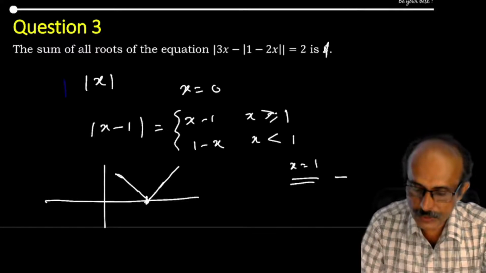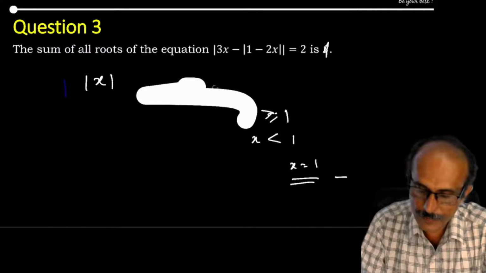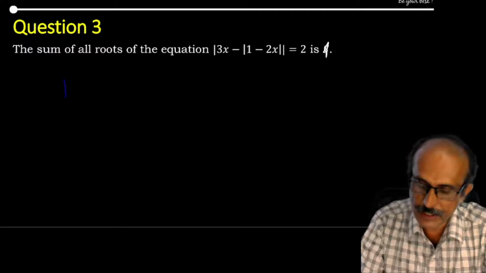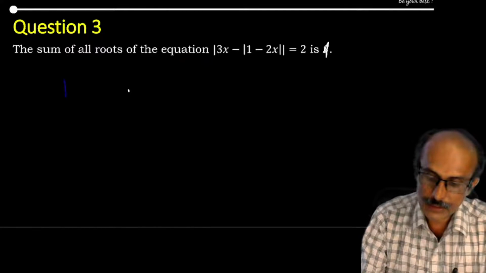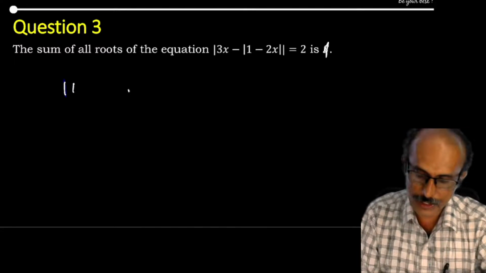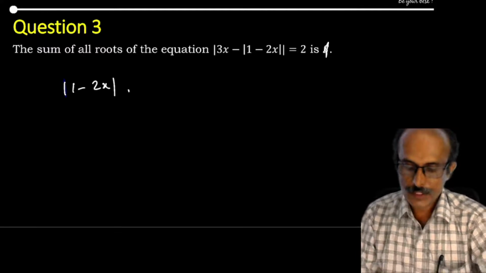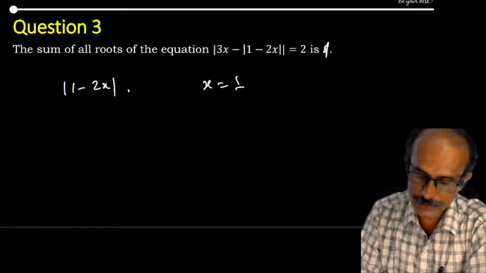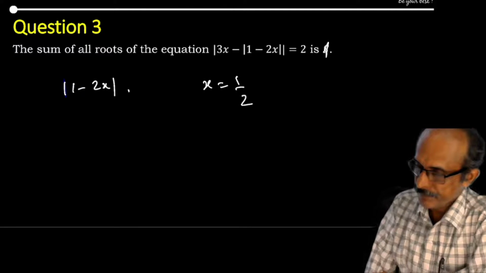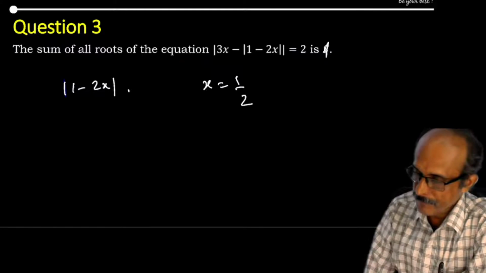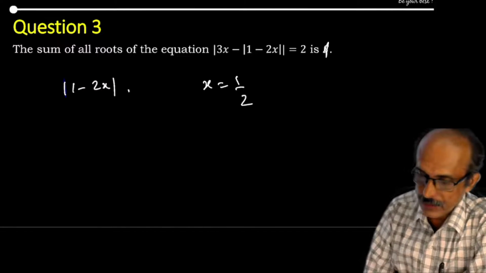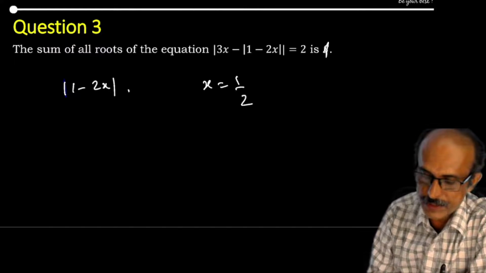So now in our question, we have to look at those points where the function formula changes. See, look at the data: 1 minus 2x. So x equal to half is a point here where it changes, and let us see further. At x equal to half, the innermost modulus changes.